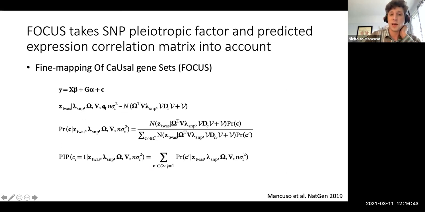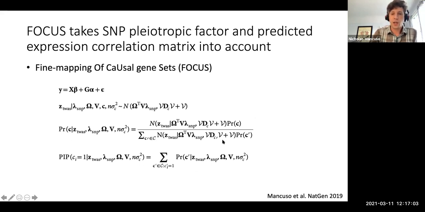If someone were to tell us what the causal genes were, right? So if an oracle were able to say, these are the causal genes, then we can compute the likelihood of our observed TWAS statistics under this correlation framework. Obviously, the problem is that we don't know what those are, so we just place a prior on that and use Bayes' formula to get a posterior for causality.